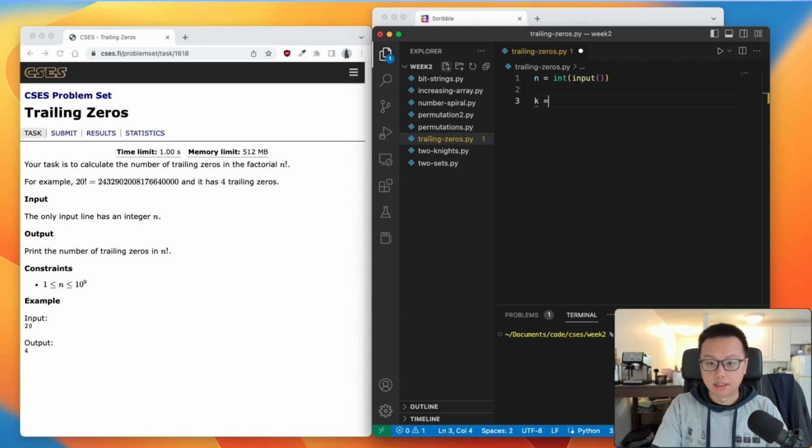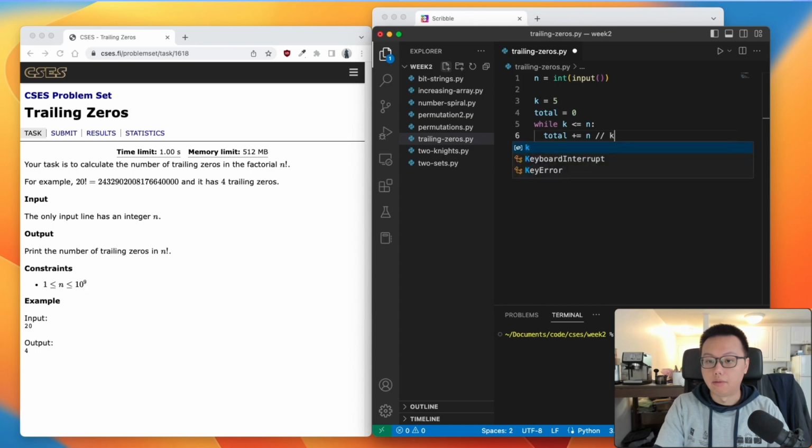So let's say k starts from 5, and we have a total of trailing zeros, 0, and while k is still not exceeding n, we count the number of occurrences for every multiple of k. So it's n divided by k, and then k is multiplied by 5. And at the end, we get the total number.